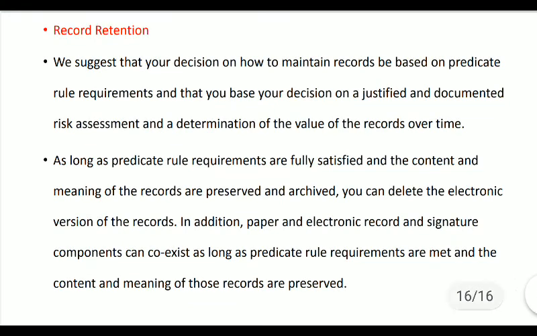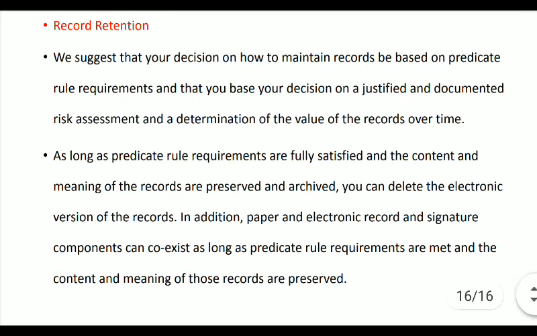So this record retention is a guideline or you can say instructions given by US FDA in 21st CFR Part 11. So the agency suggests that we decide how to maintain records based on predicate rule requirements, that you base your decision on a justified and documented risk assessment and determination of the value of the records over time.